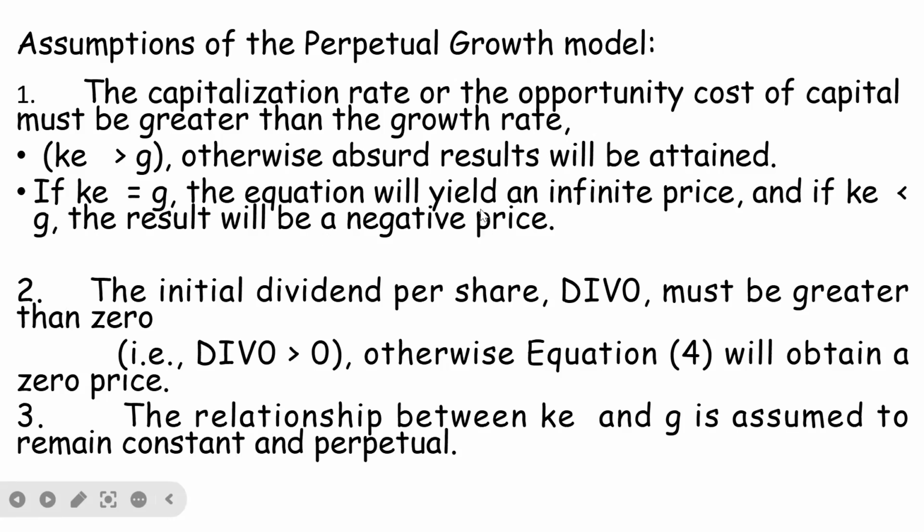The relationship between opportunity cost and growth rate is assumed to remain constant and perpetual. When you start, we take an opportunity cost greater than the growth rate, and we use that throughout the valuation, assumed to remain constant. If it fluctuates, then your share valuation will be different.